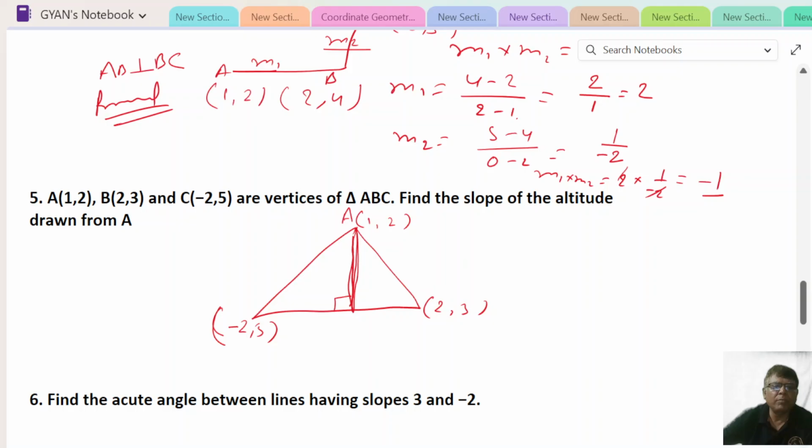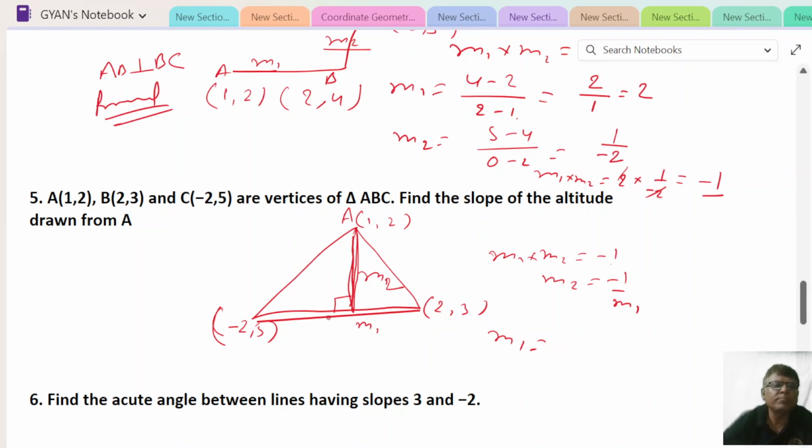So this is perpendicular to this. If we find the slope of this, then we can find the slope of this also. Suppose this is M1 and this is M2, then M1 into M2 is equal to minus 1, then M2 is equal to minus 1 by M1. So find M1.